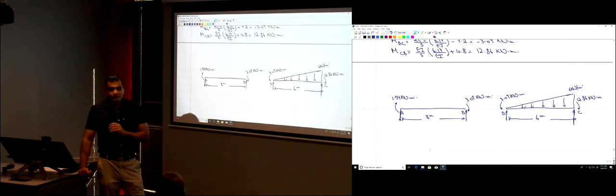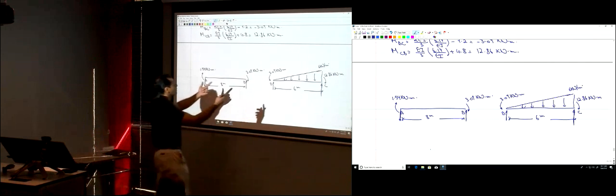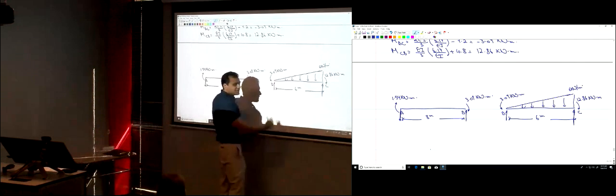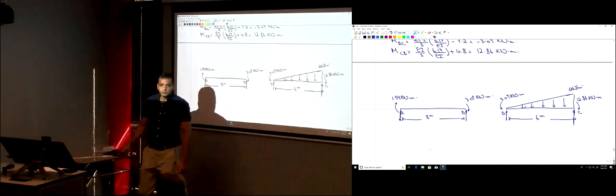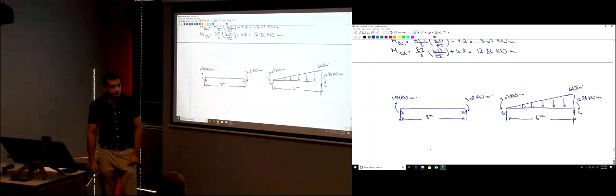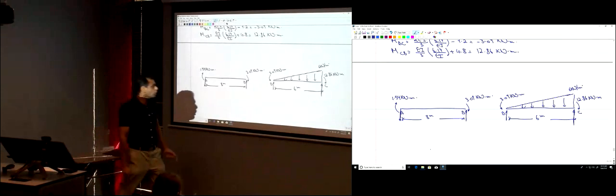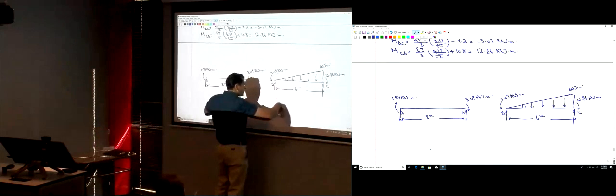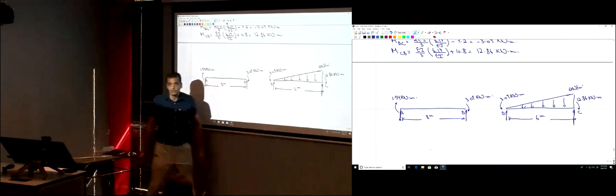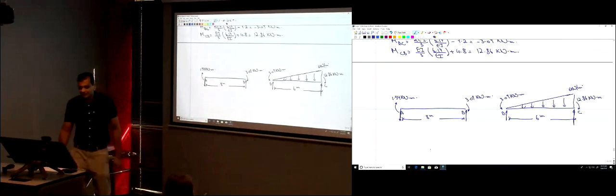The sign rules for the slope deflection method are only for the slope deflection method. Now, you revert back to the signs of what you learned in structural analysis 1. You need to draw a bending moment diagram. If the moment is going downwards in this direction, that's negative. That's what you learned in structural analysis 1. This moment, either this one or this one, both are negative moments. So MB is negative 3.09.